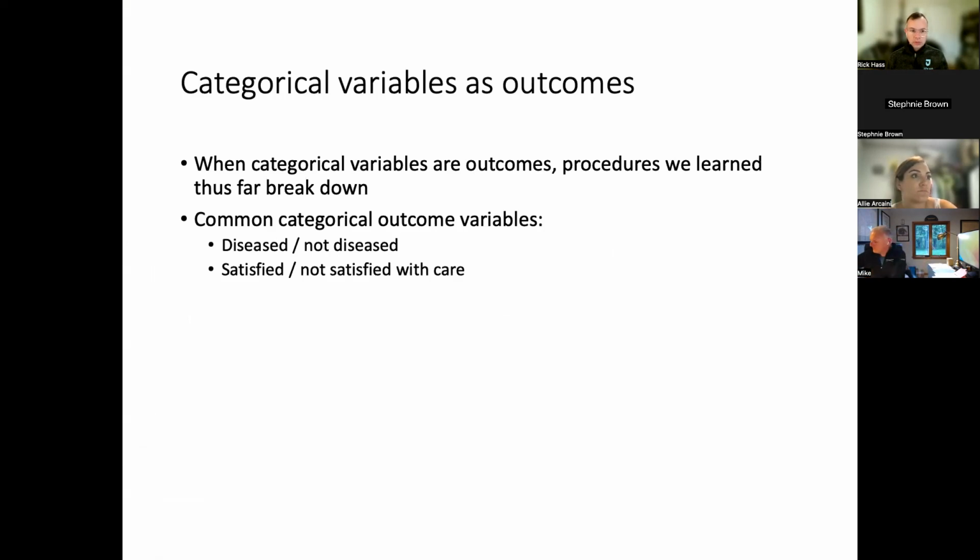So common variables you might see is, person has a disease versus doesn't, they're satisfied, not satisfied with care.